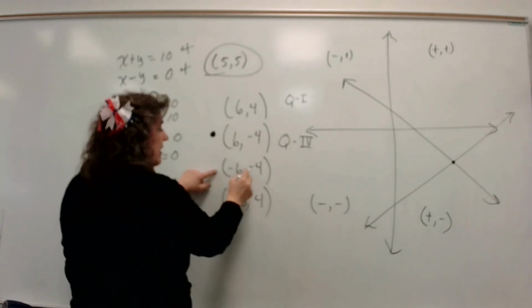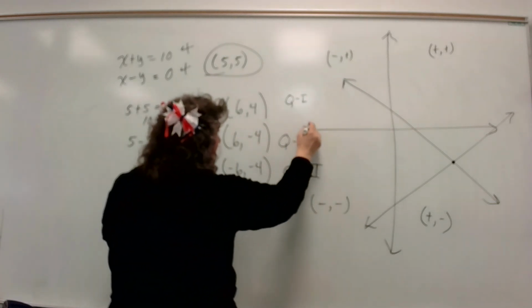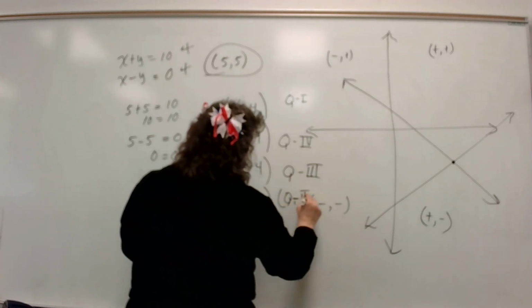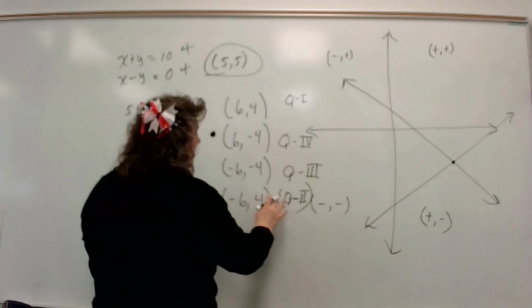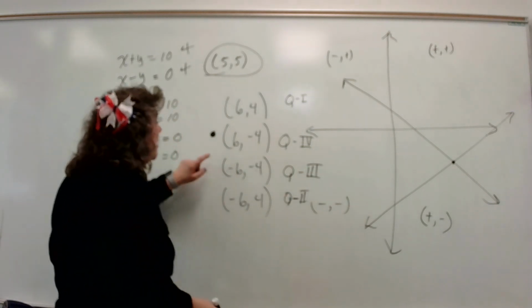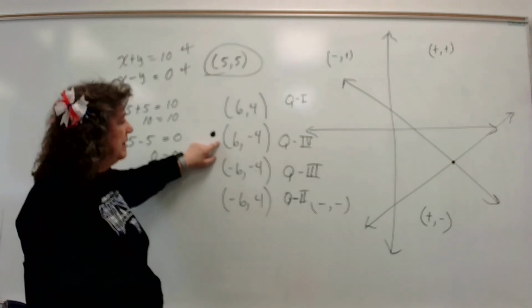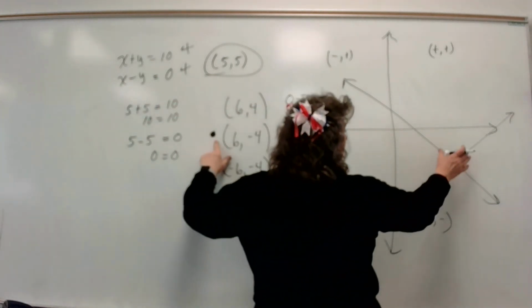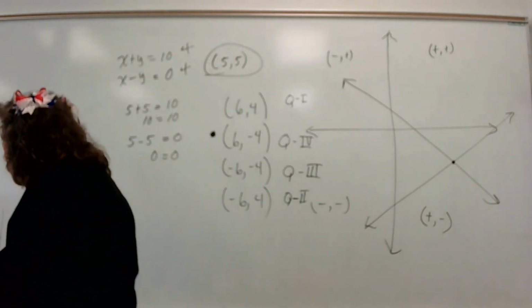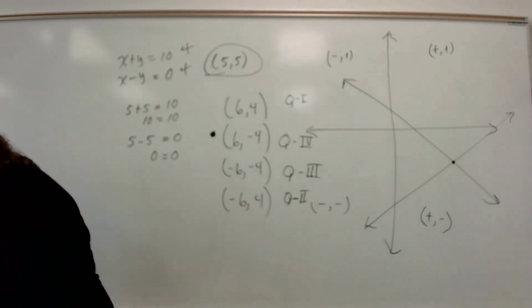But let's look at this. Negative, negative. This one is quadrant 3. And negative, positive is quadrant 2. So you see, it may not be the most accurate drawing of it, but this is the only potential ordered pair that will answer that, because it's the only one that is in quadrant 4. So these kinds of things you will just use intuition and what you know, okay?